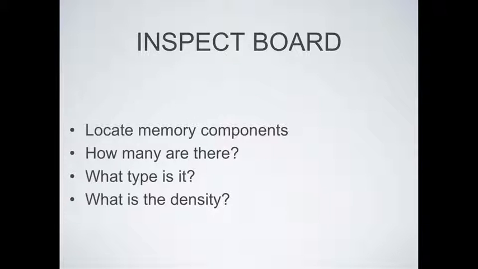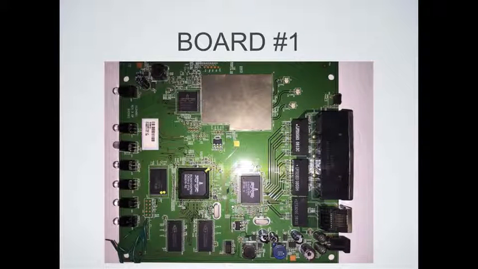You should be able to discern the differences, and possibly if you can see the markings on the chip, you might be able to quickly discern what density the particular chip is. While we pass these boards around, I will put board number 1 up there for someone to take a look at. There you go. Take a couple of minutes to look at this board and see what you find.